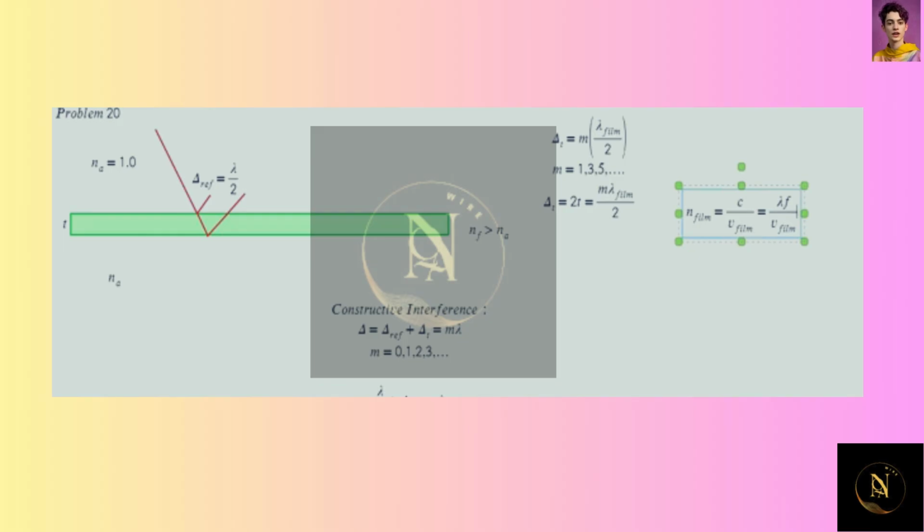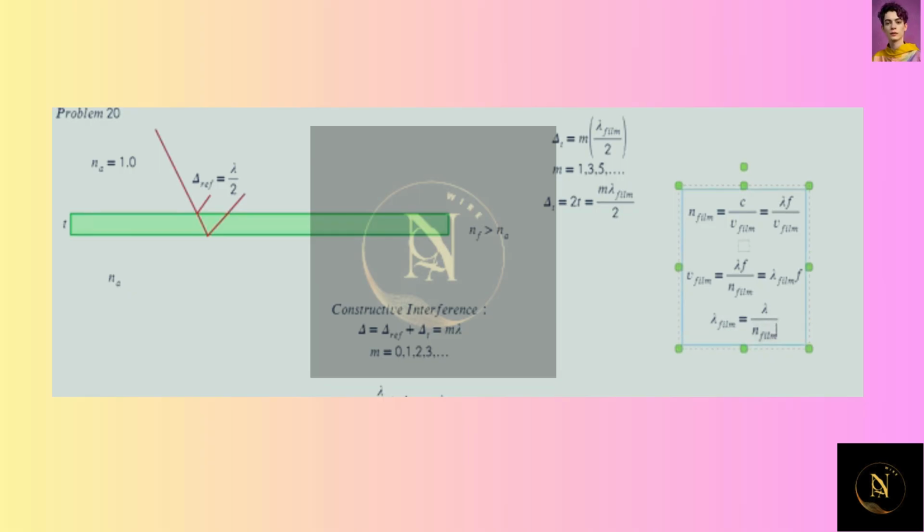Let's go ahead and solve for v film here. We see that v film is equal to lambda f over n film, but velocity is written as lambda of the film times f, because the frequency is determined by the source. So we cancel out the f's, and here we find that lambda film is equal to lambda over n film.